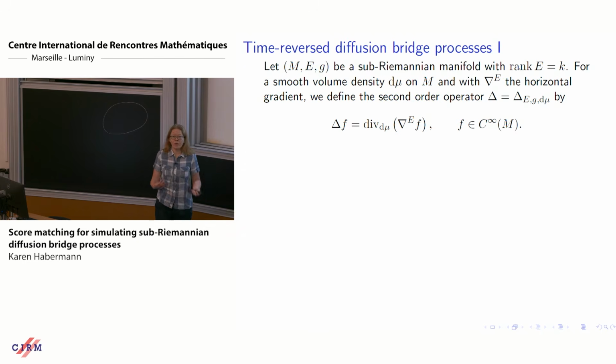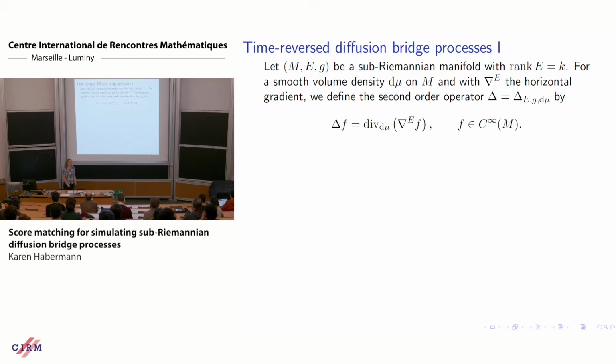Now, if we have our sub-Riemannian manifold and additionally endow it with a smooth measure, then we can make sense of a sub-Laplacian, which is as close as you can get to the usual Laplace-Beltrami operator in the sub-Riemannian setting.